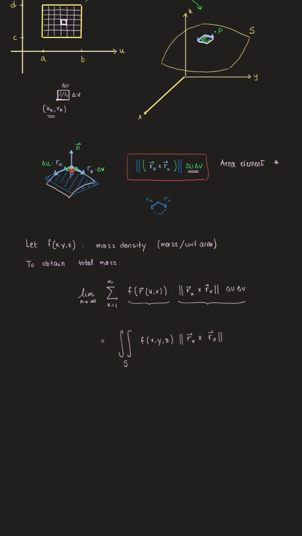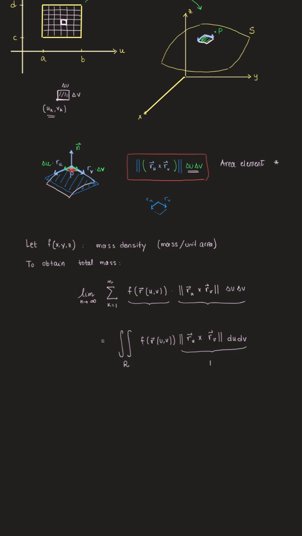Actually, I should say this is over our region on the uv plane, and then this is going to be a du dv. Of course, we would evaluate our function at our parametrization r of u, v. So we take the product of our function times our little area element.